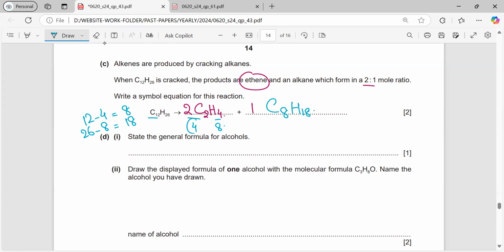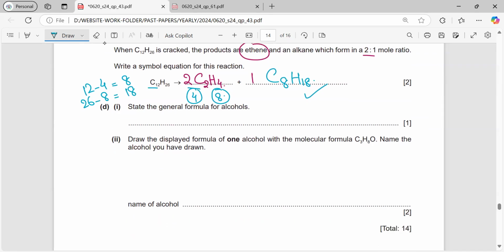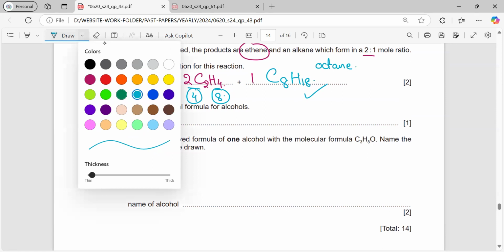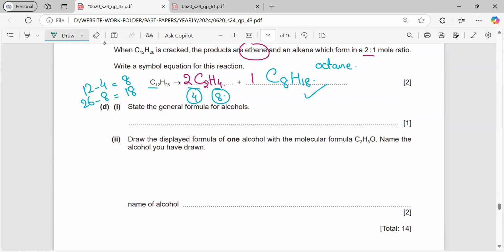Whatever total carbon and hydrogen numbers we get for the products, we subtract from the reactant carbon and hydrogens, and we get our answer. This is 2 molecules of ethene and 1 molecule of the other substance. This is an alkane and the name is octane. Next, draw the displayed formula.